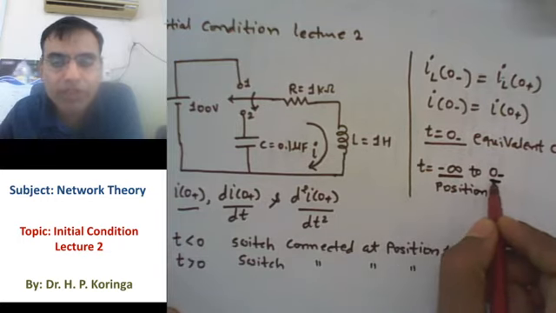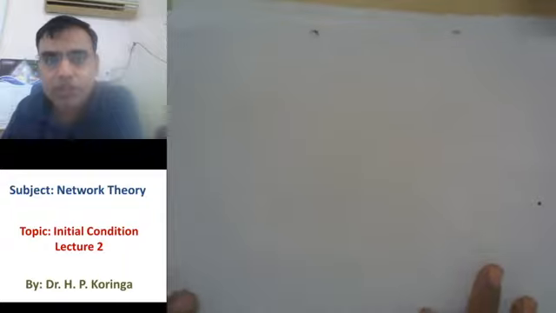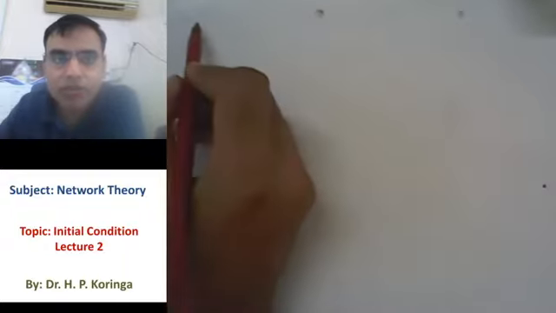So when we draw the network at t equal to 0 minus, at steady state, the inductor and capacitor are fully charged. They get enough time to charge. So let me draw the equivalent circuit at t equal to 0 minus.